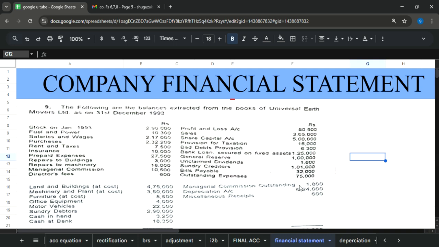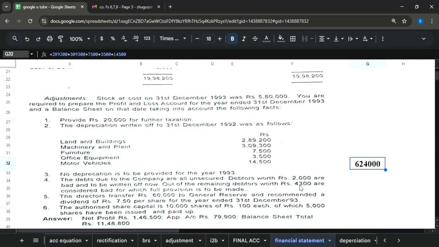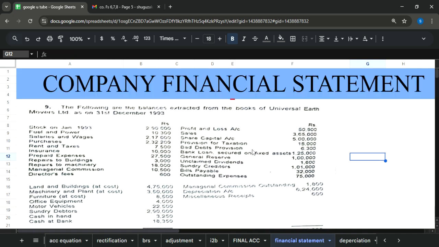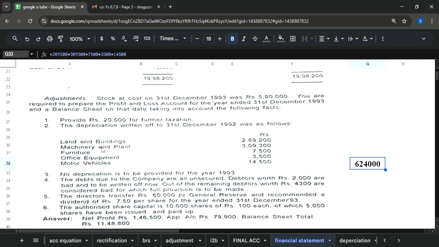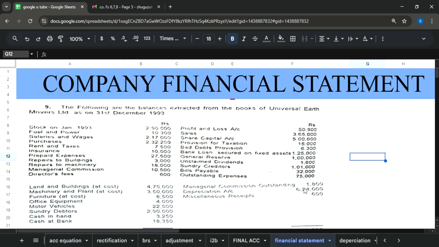is given. So we are assuring ourselves this is accumulated depreciation, already part of the trial balance. Although you can see it has been written in adjustments, the heading is adjustment, and this depreciation is present in adjustment, but the total amount is already available in the trial balance.